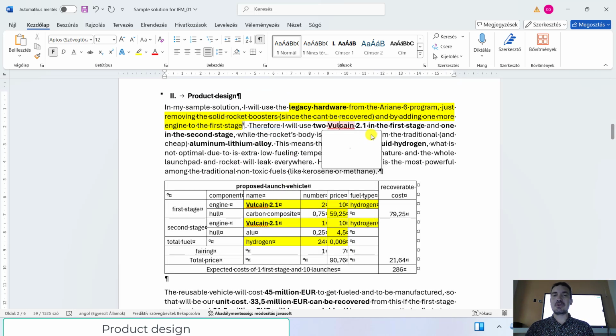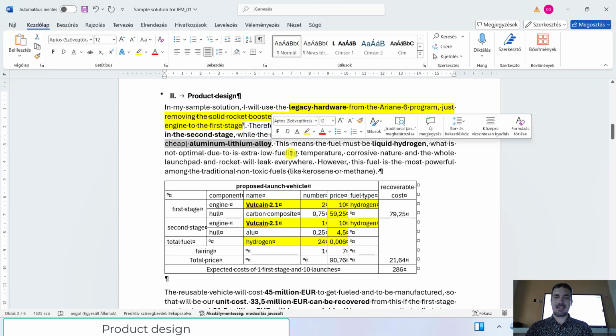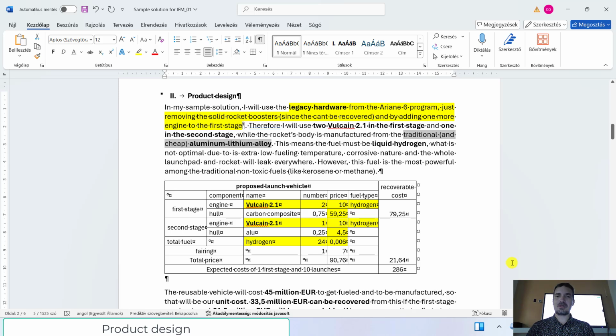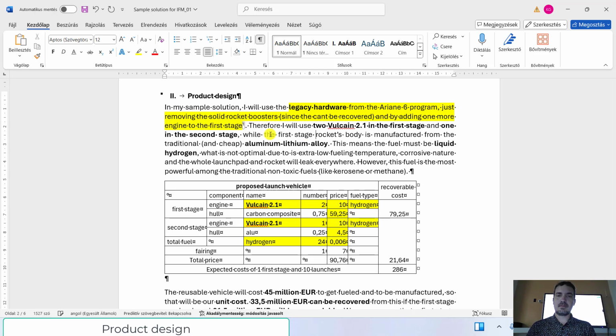So therefore I will still use the Vulcan 2.1 first stage because it's modernized, and 1 second stage, because in this case we are just losing 1 engine and it's good. The rocket body is manufactured not from the traditional material, we are using carbon composite, sorry, for the first stage. Manufactured from carbon composite.